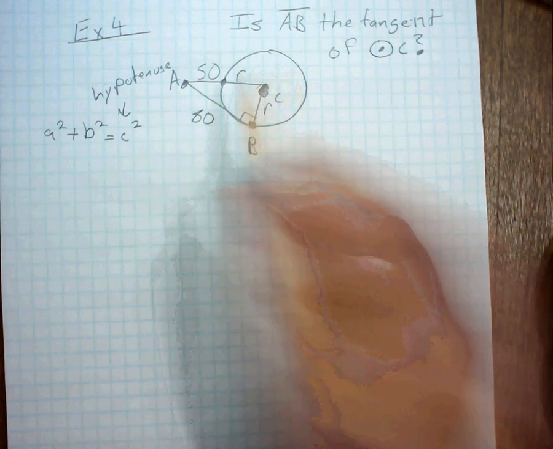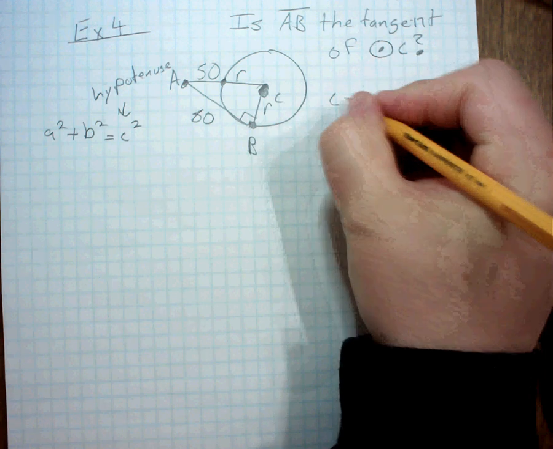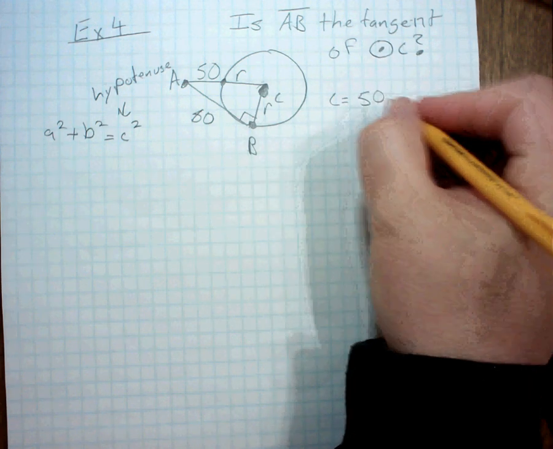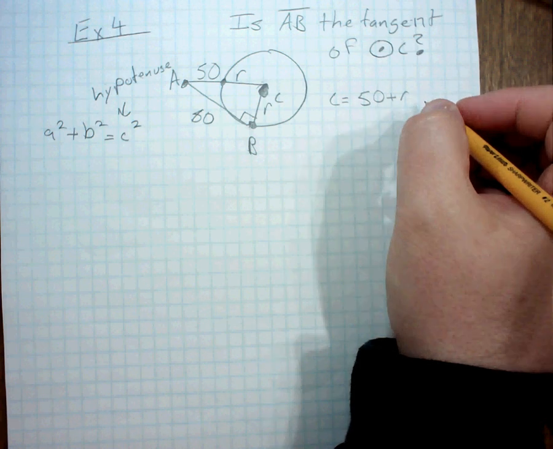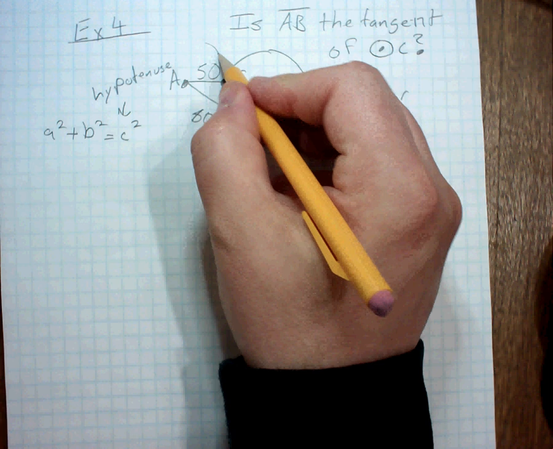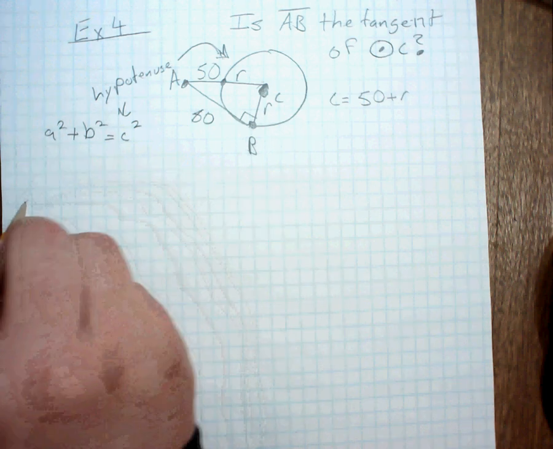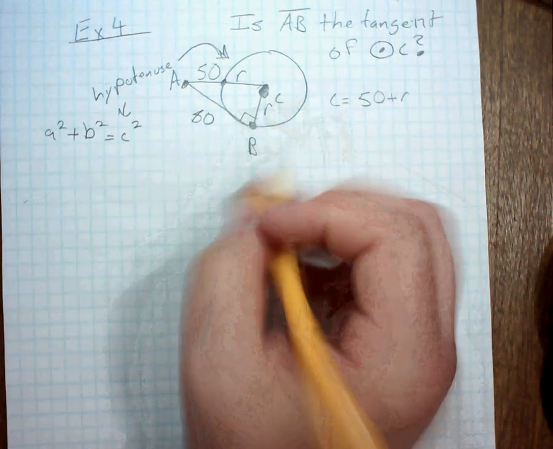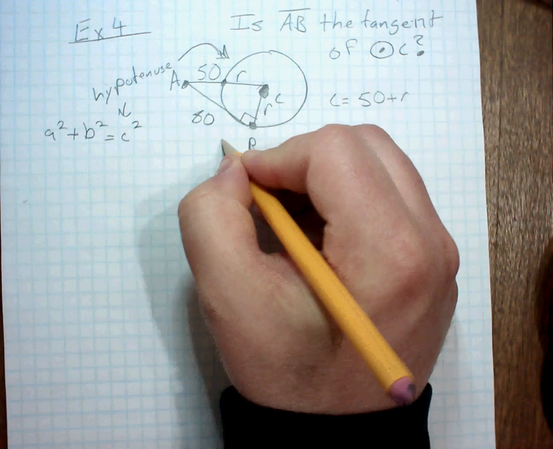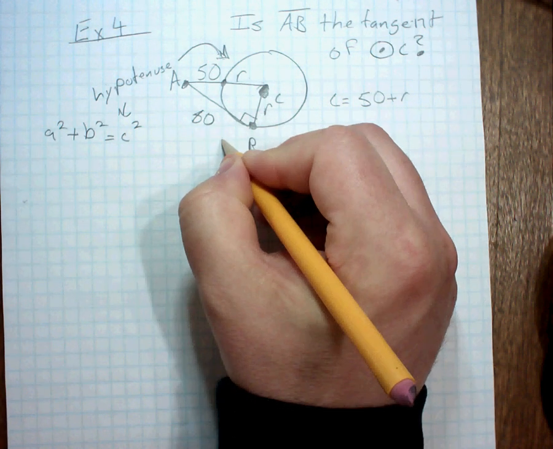So c, lowercase c, has to equal 50 plus r, because we're identifying that this would be the hypotenuse. Okay? So when I do that, it doesn't matter which is which. So this could be A, and this could be B, or vice versa.